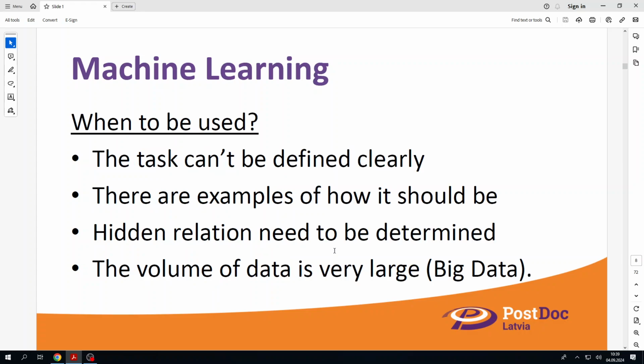So in what kind of tasks can we use the machine learning approach to solve our problems? Well, first of all, when you can't even define clearly how to solve the task yourself, such as this example with pictures of cats and dogs. You have no idea how to program a computer to predict if this is a cat or this is a dog by yourself.